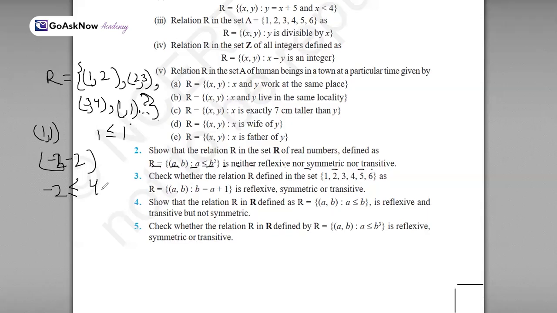Yes, it is telling that this is true. Now I will check another number, whether (2, 2) belongs to relation R or not. So 2 is less than or equal to 2 square. Yes, this is following.